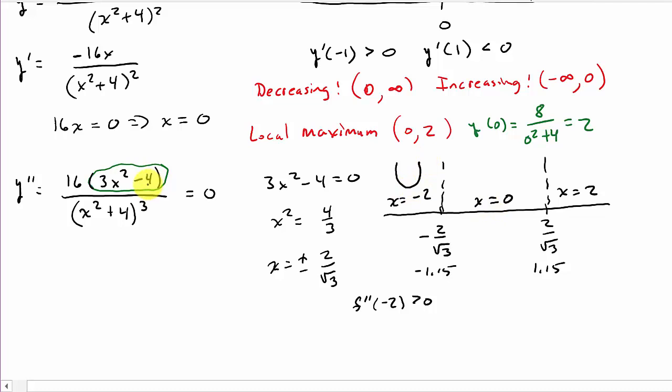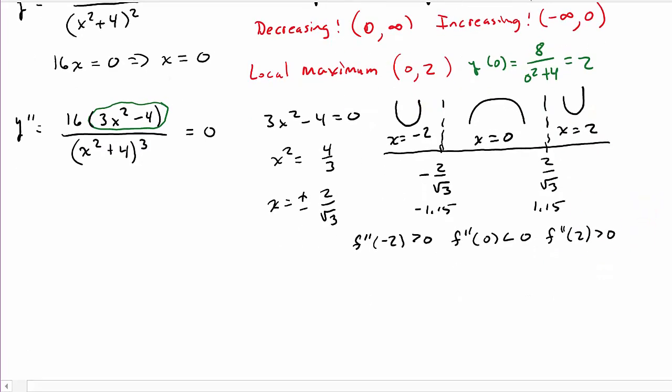And then if I plug the 0 in, well, that's a negative, positive, positive. That is less than 0, so that's concave down. And then if I do f double prime of 2, that's going to be positive also, so that's concave up.